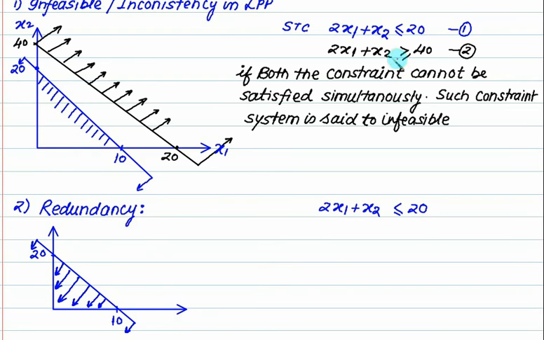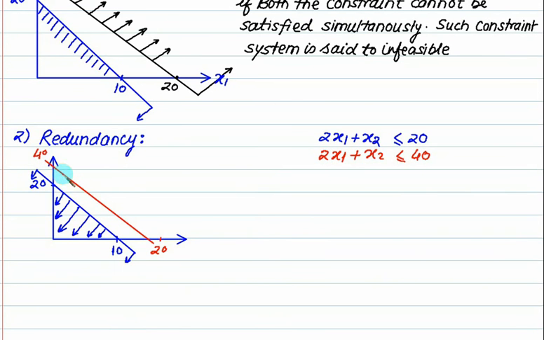Just like this one, but the value will be 2x1 + x2 ≤ 40. Now this time, this line will pass through x1 = 20 and x2 = 40. Now if I draw this, is the solution different or will the solution not be different?